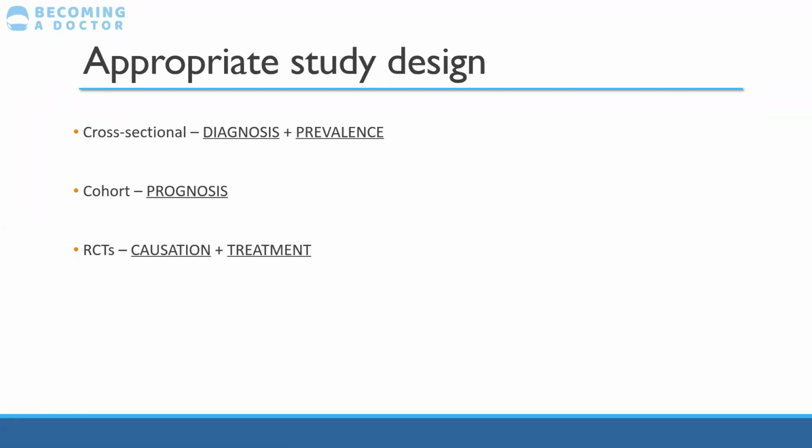Cohort studies are very good at studying prognosis. And randomized controlled trials are very good at looking at causation and thinking about potential treatments. So it's not always the case that just because it's higher up the hierarchy, it's better. It's about suiting the study design to the question being asked.